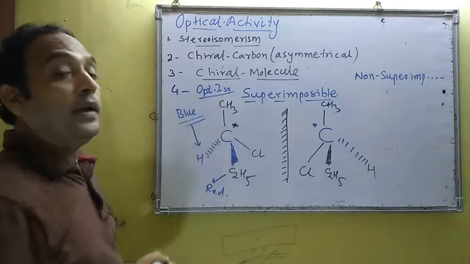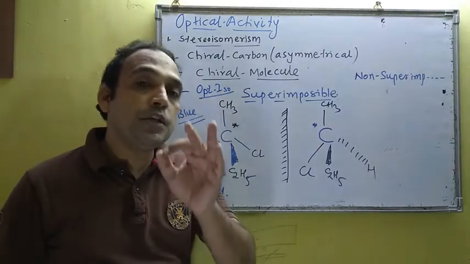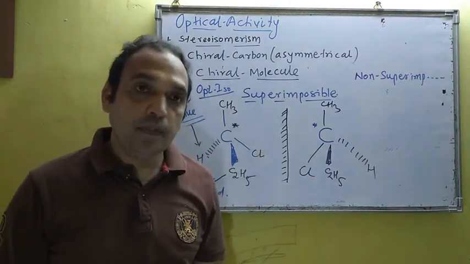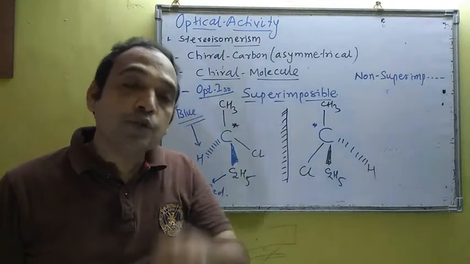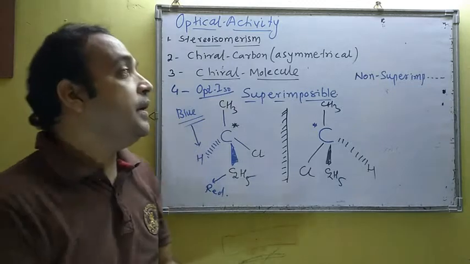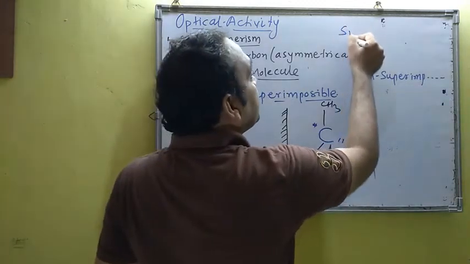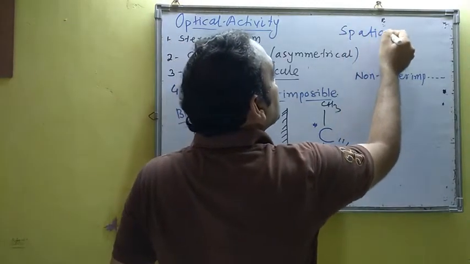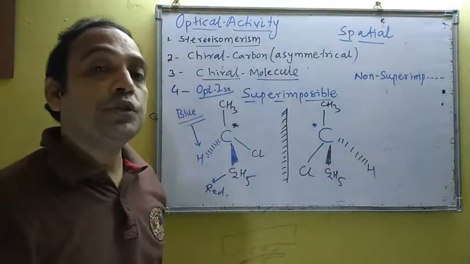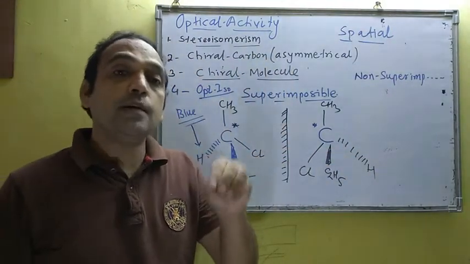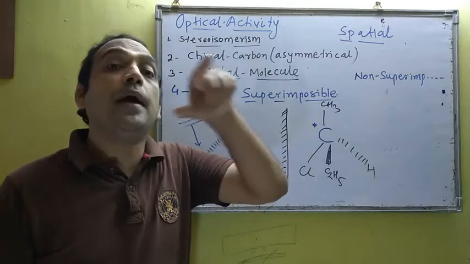Now what is optical isomerism? The stereoisomerism in which isomers have a different spatial arrangement of atoms or groups around an asymmetric carbon.